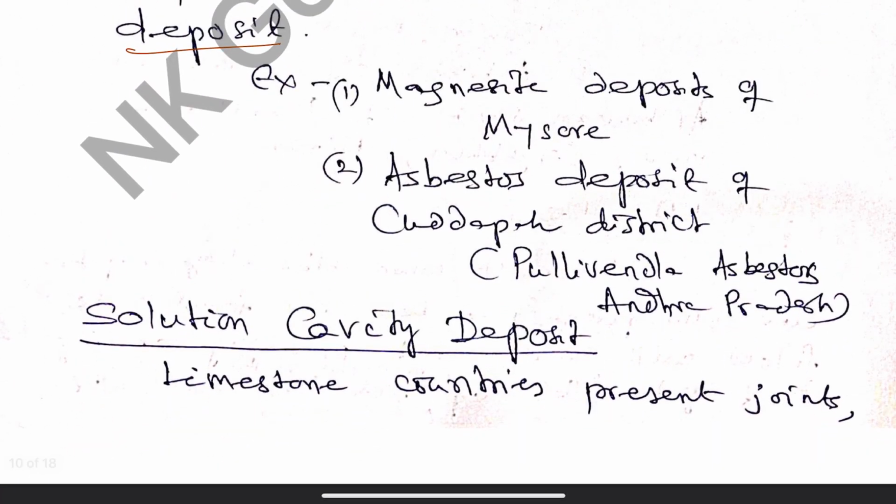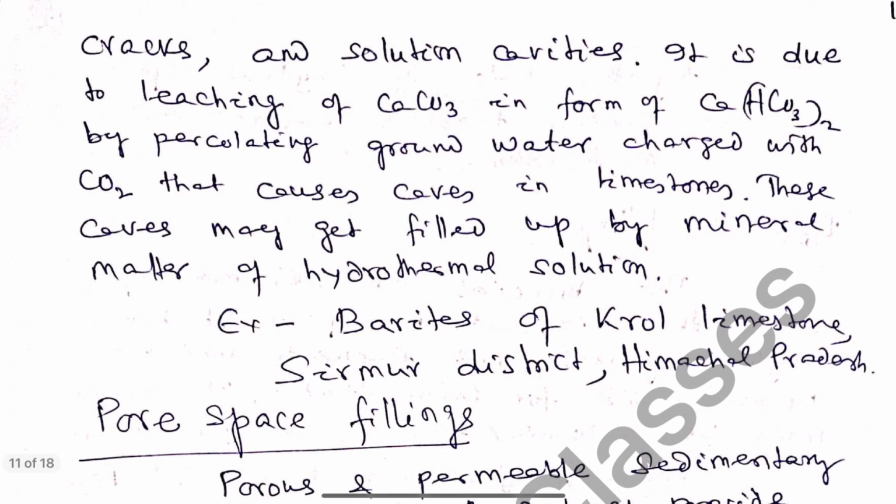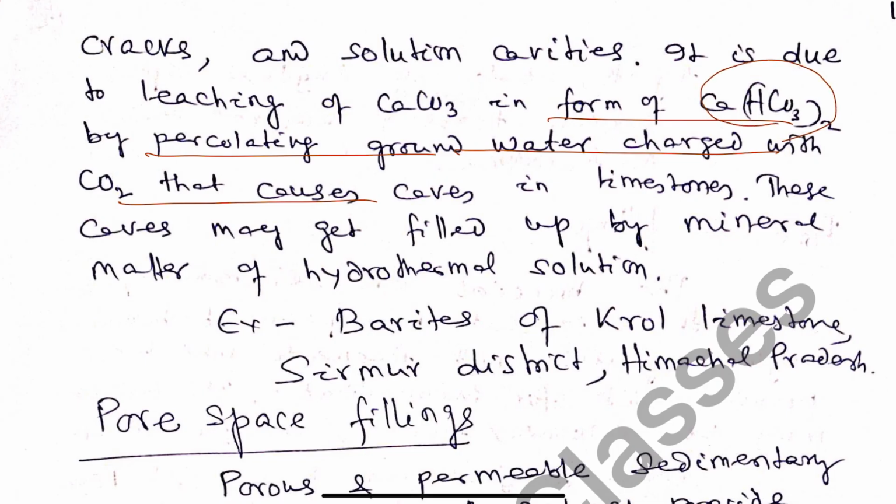Besides these, we have the solution cavity deposits. Limestone country rocks present joints, cracks and solution cavities. It is due to leaching of calcium carbonate in the form of calcium bicarbonate by the reaction of percolating groundwater charged with carbon dioxide, which takes calcium carbonate into solution as calcium bicarbonate.